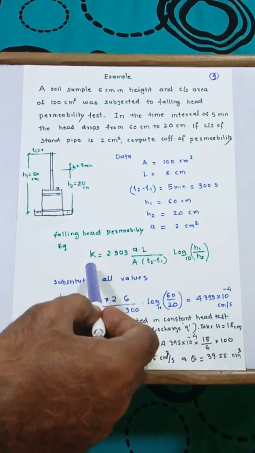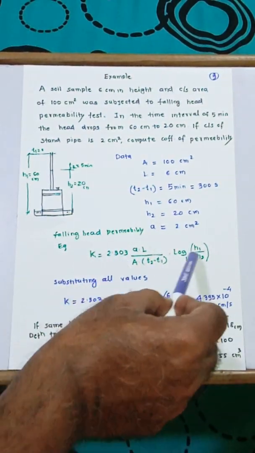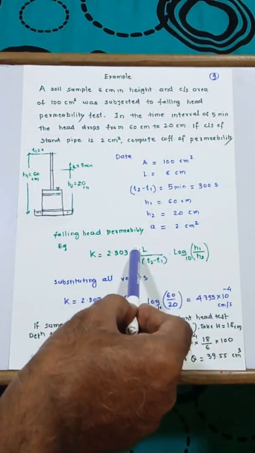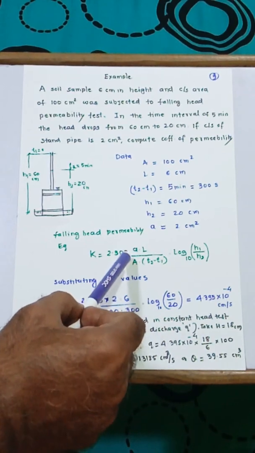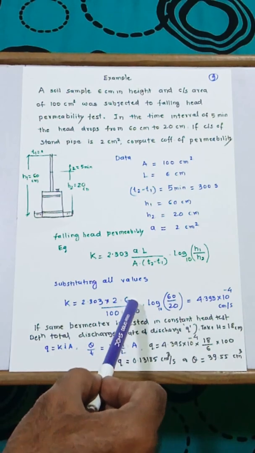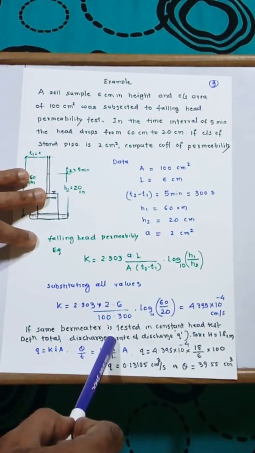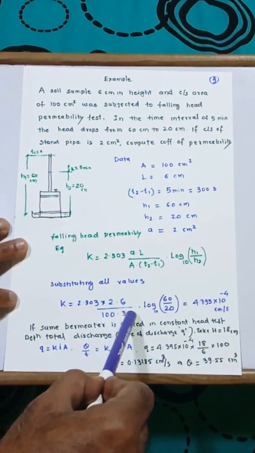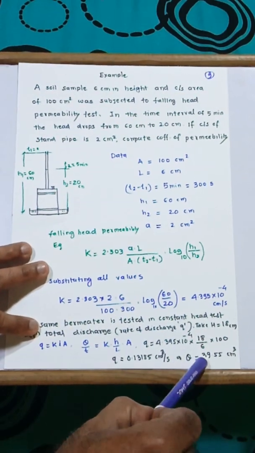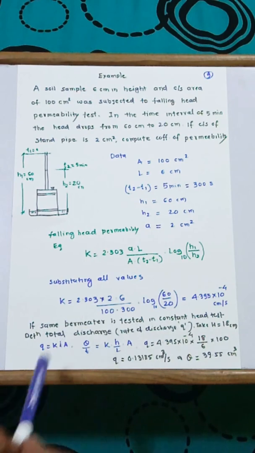So using the expression of the falling head permeability, we can find out K by writing the expression and substituting all the values. Small a is given as 2 centimeter square, length of sample is 6, cross sectional area of sample is 100, time elapsed is 300, and the head falls from 60 centimeter to 20 centimeter.